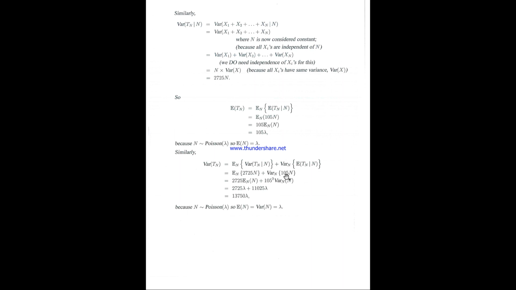Plus, if you take 105 out, you have to take the squared value since it's a variance, that is 105 squared, which is 11,025, and the variance of n over the range of n is equal to lambda. So when you take the summation, that is 13,750 times lambda, where n has a Poisson distribution with the rate lambda, right?